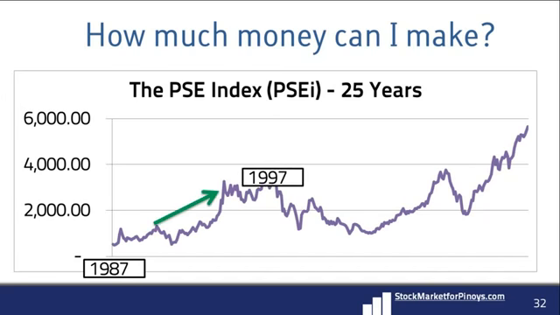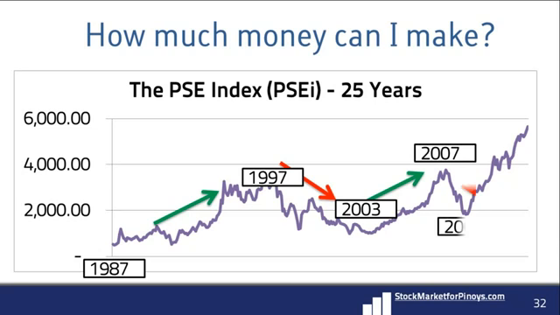In 1997, the PSEI shot up to the 3,000 level. But in 2003, it went all the way back down to less than the 1,000 peso level. In 2007, the market recovered, went down again in 2009, but as of 2012, entering 2013, the market is soaring.